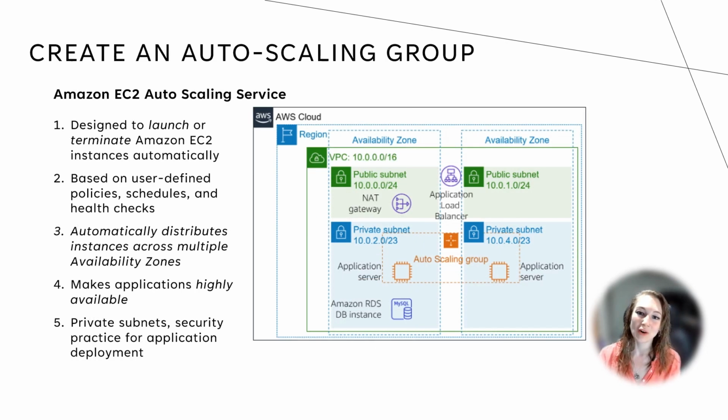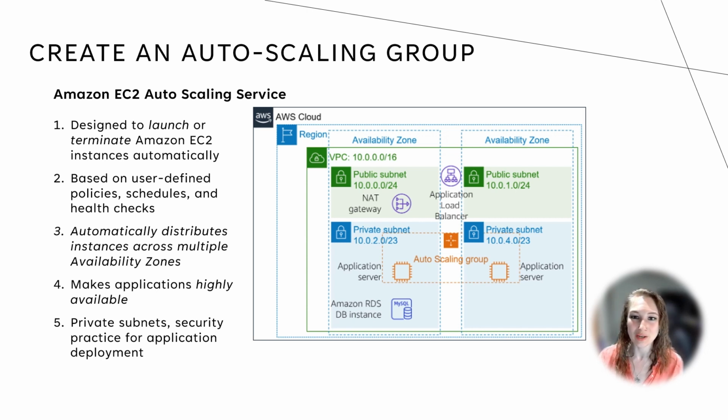Amazon EC2 Auto Scaling is a service designed to launch or terminate Amazon EC2 instances automatically based on user-defined policies, schedules, and health checks. It also automatically distributes instances across multiple availability zones to make applications highly available.